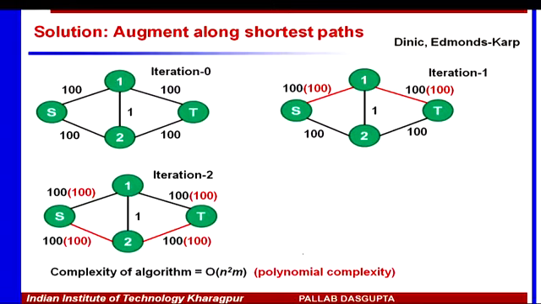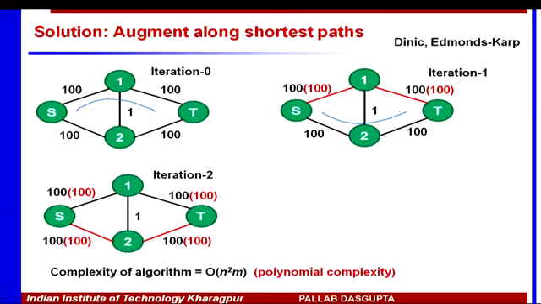that in the first iteration I am choosing this as the augmenting path and augmenting 100 units at one shot. Then in the next iteration I am choosing this as the augmenting path, augmenting 100 units at one shot, and then in 2 iterations we are done.